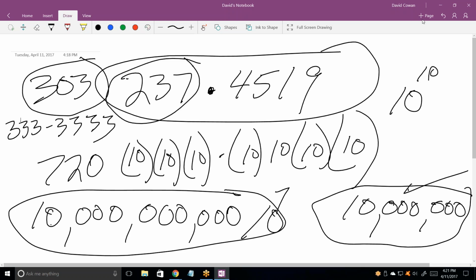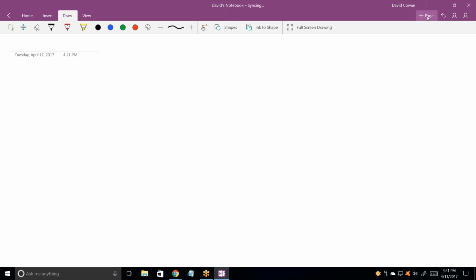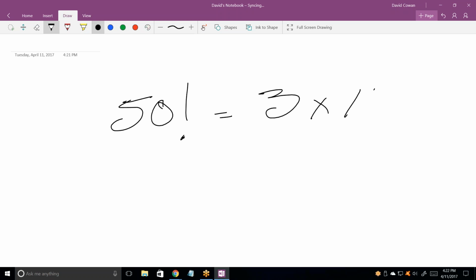If you want an interesting fact, though, give me a guess as to what 50 factorial is equal to. Sheesh. Wow. A lot. Take a guess at what that exponent is. It's 3 times 10 to some power is the answer.